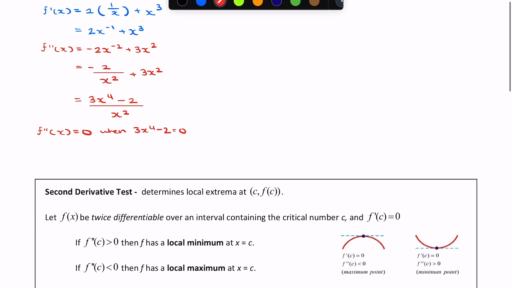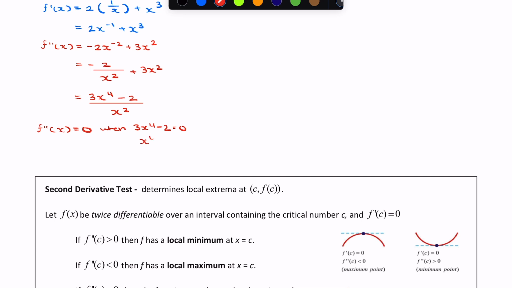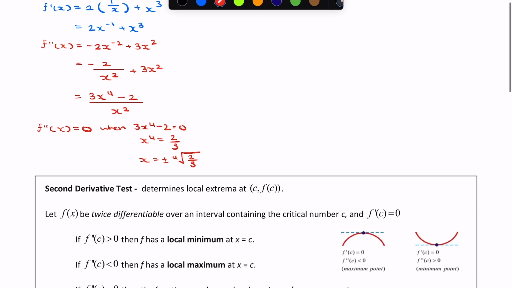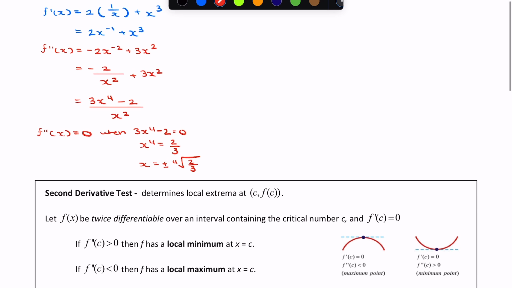So x to the power of 4 is equal to 2 over 3, and therefore x is equal to plus or minus fourth root 2 over 3. So we know that f double prime of x is equal to 0 when x is equal to plus or minus fourth root 2 over 3.